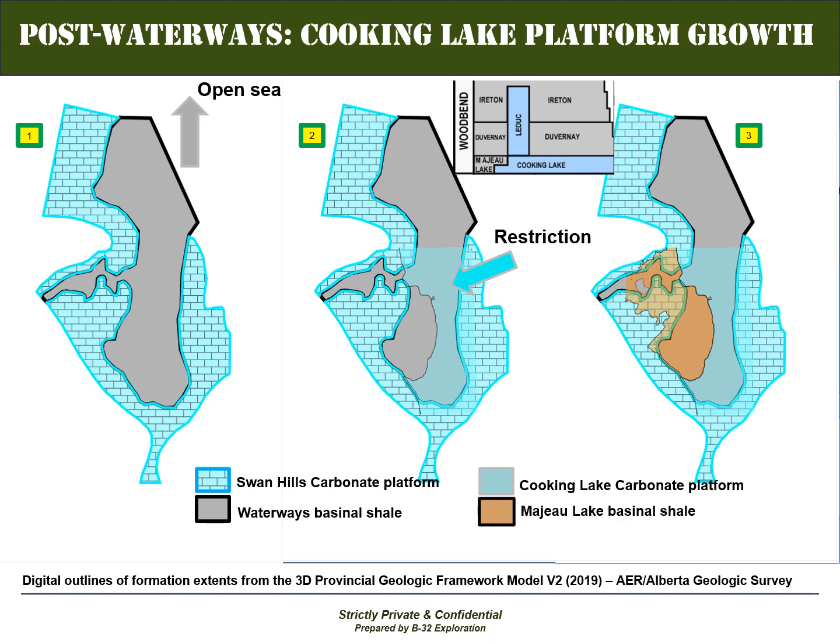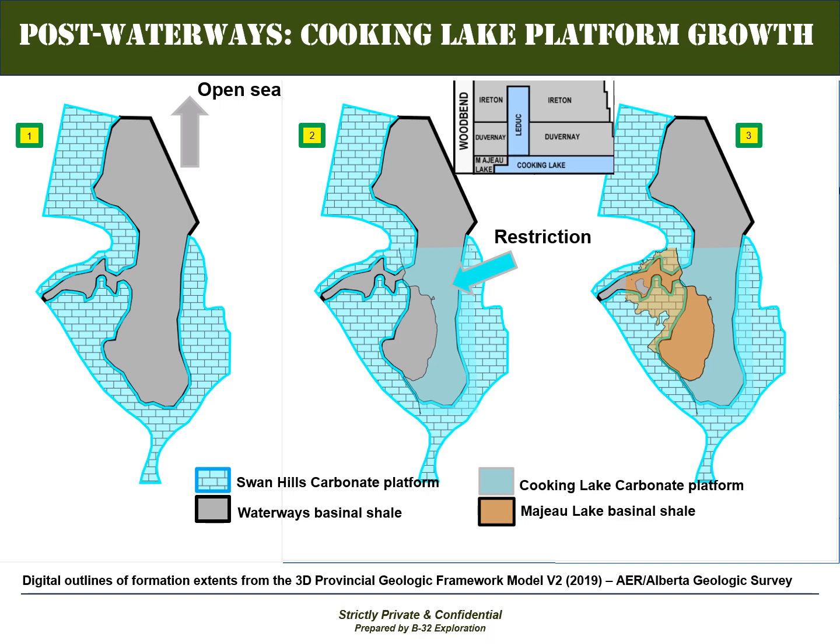In position number 2 in the middle, you'll see that the Cooking Lake carbonate platform has migrated from the east to the west and has closed off the access to the open sea to the north, which then provides an opportunity for position number 3, which is the Majeau Lake basinal shale, which now has geographically shifted its position from the east to the west.